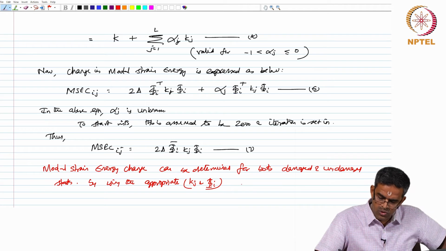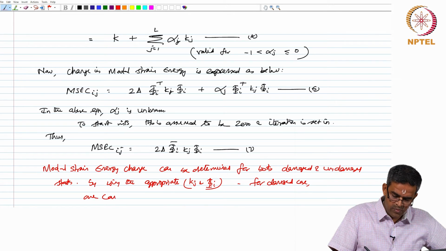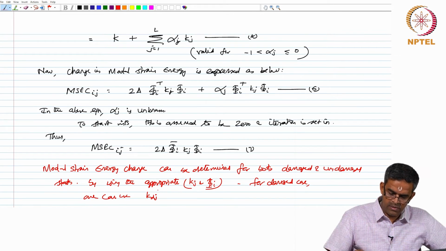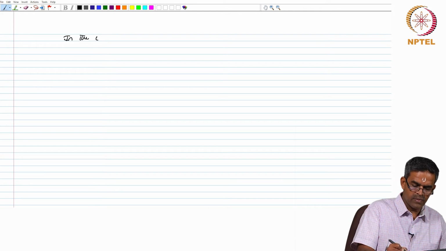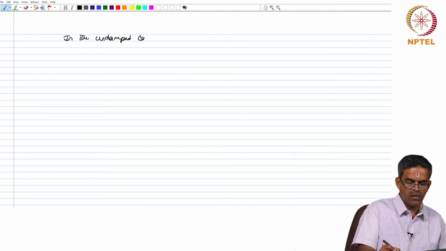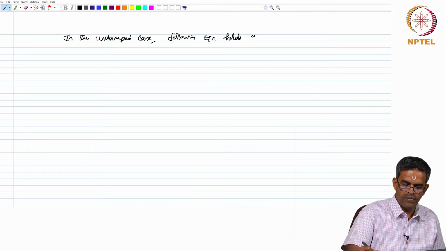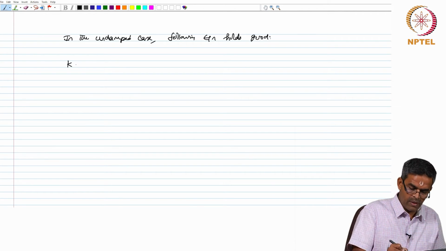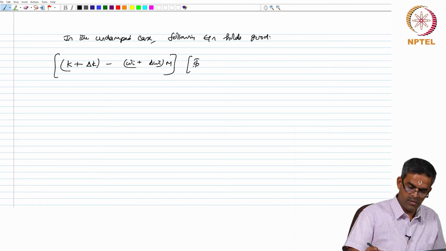For damage case, one can use K damage and phi I damage, is it not? So, in the undamped case, following equation holds good: K plus delta K minus omega squared, into phi I plus delta phi I is 0.